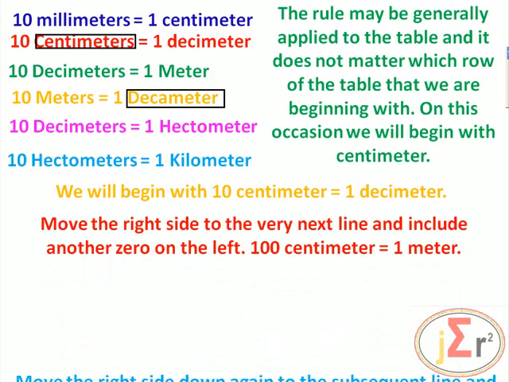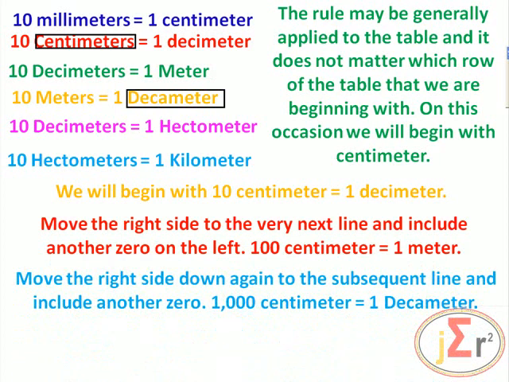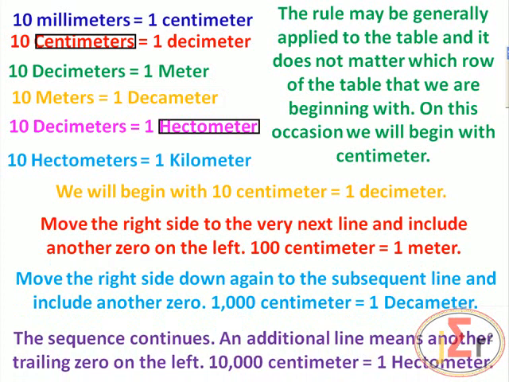And if we continue down, we have what? For our hectometer, we have 10,000. So we will begin with 10, then we have 100, then we have 1,000, then we have 10,000.